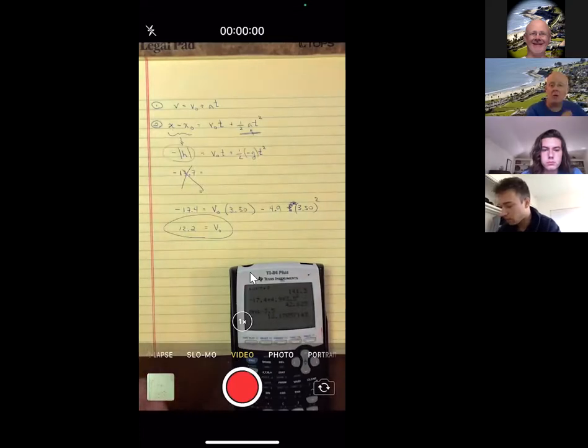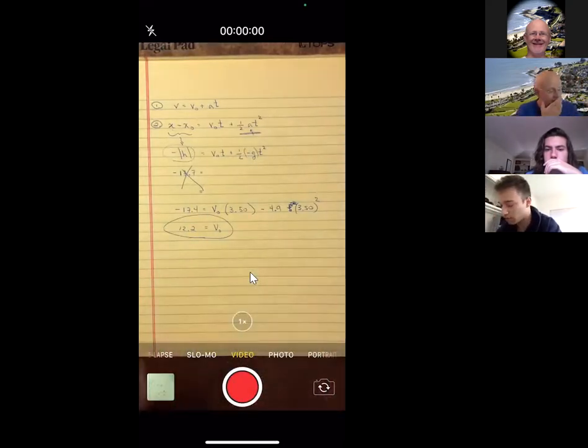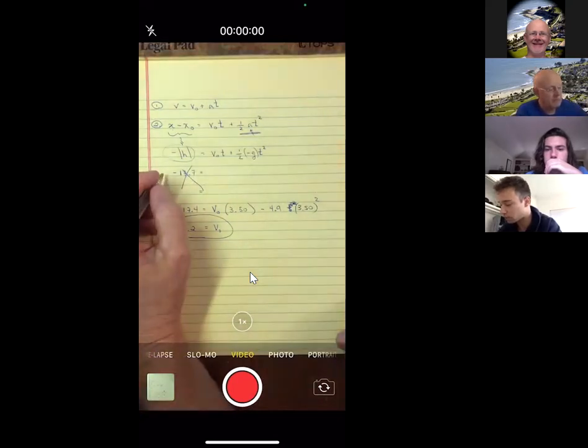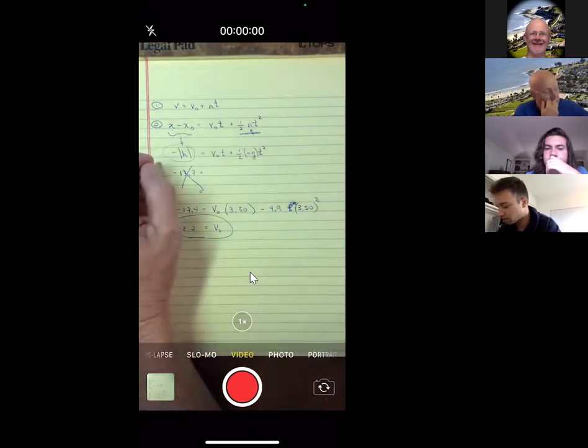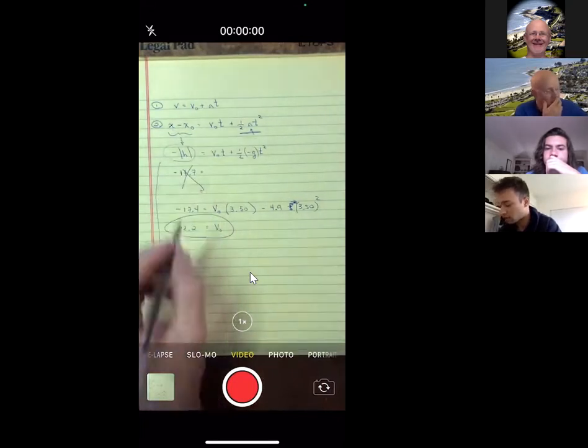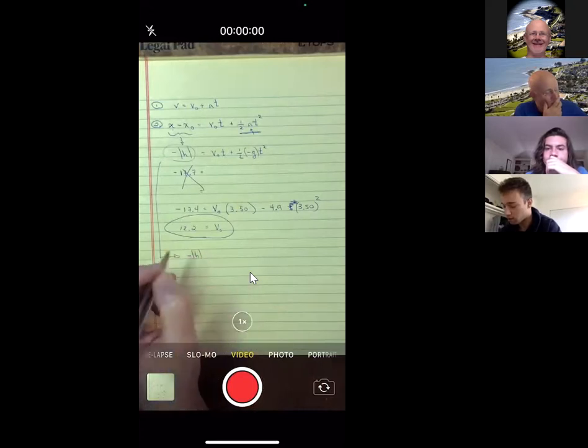Yes, I definitely did algebra wrong because I actually solved for V naught in variable form first and then plugged in the values. So I must have done something wrong in that step because I got 42 something for the velocity, which was definitely wrong. I started with H equals V naught T plus 1/2 A T squared, and then I substituted in the negative G, so it's H equals V naught T minus 1/2 G T squared, or minus 4.9 T squared, and then I just rearranged to solve for V naught.